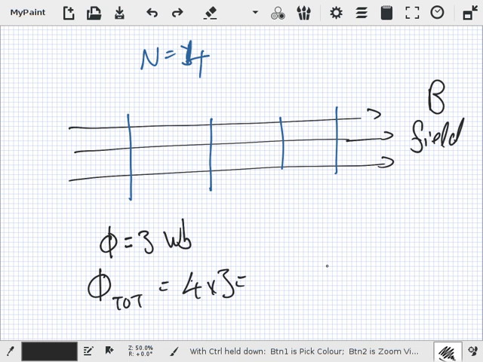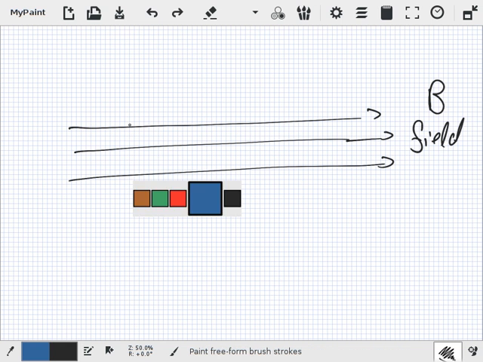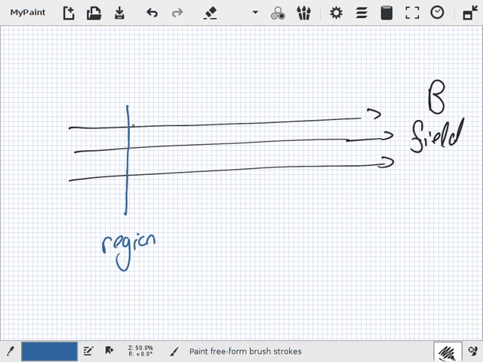Okay. But in this picture, we usually imagine that the region of space is perpendicular here. But of course, like last time, we could have it at an angle. Now, this is how we measure the angle here. We don't measure the angle here.